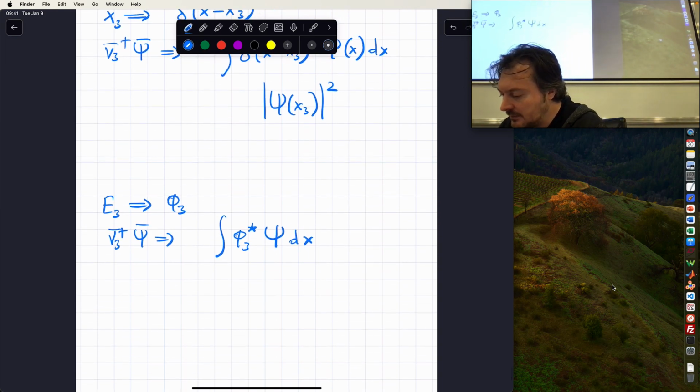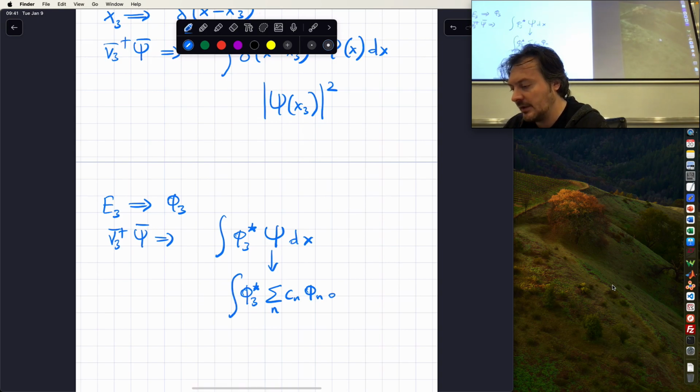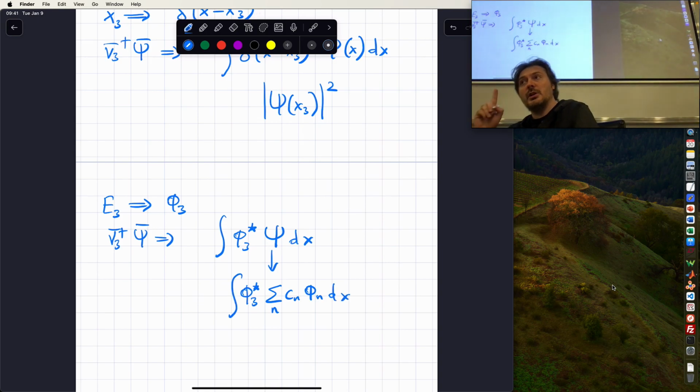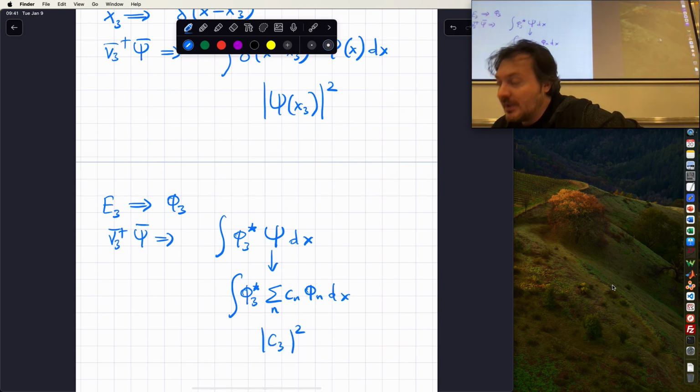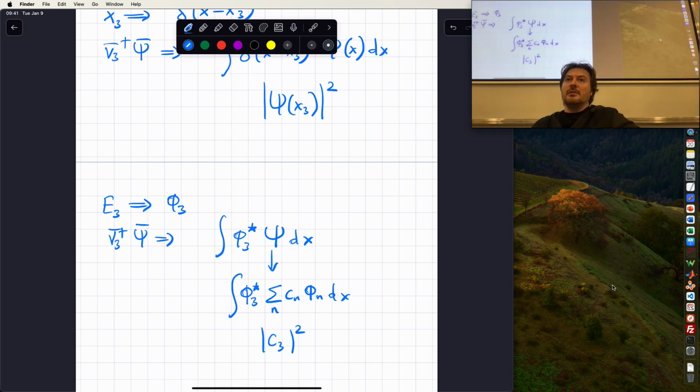And notice that psi itself is composed of Cn phi n's, and you are doing phi 3 star dx. And the only one it will pick is C3. Do you agree with that? Because every other integral will bring you 0. So C3, and you take its magnitude squared, and it gives you the probability of being at that energy.